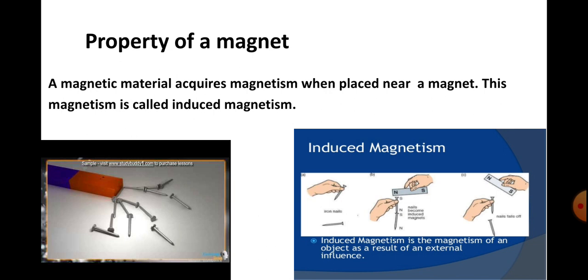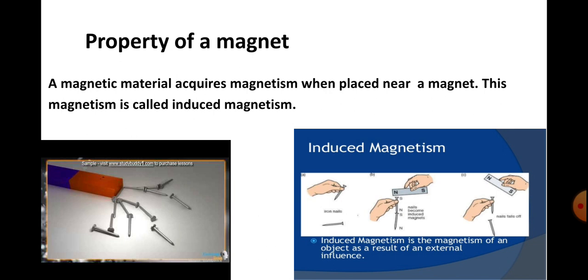While hanging a magnet on a stand, it is observed that a magnet always settles in the north-south direction. It is the first property. Second, the magnetic force is concentrated at the two ends or poles of a magnet.